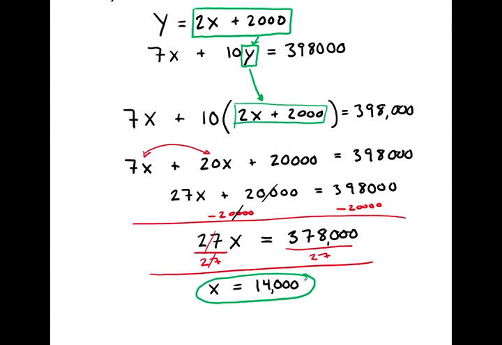But we want to solve for y. And we have this equation up here that we'll use down here. So instead of y is equal to 2x plus 2,000, we now know what x is. X is 14,000.